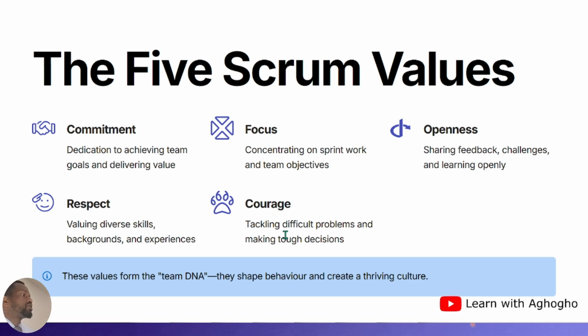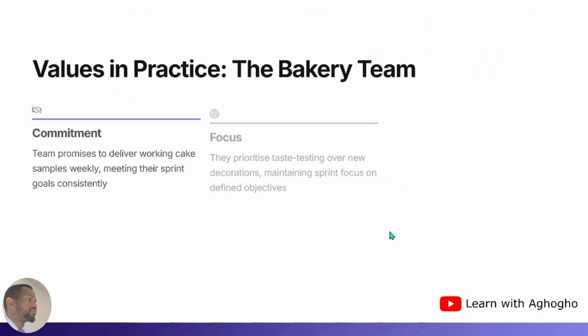Openness has to do with sharing feedback, challenges, and learning openly. Respect has to do with valuing diverse skills, backgrounds, and experience. Courage has to do with tackling difficult problems and making tough decisions. These values form the team DNA, and they shape behavior and create a thriving culture.